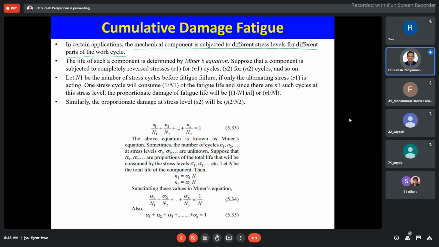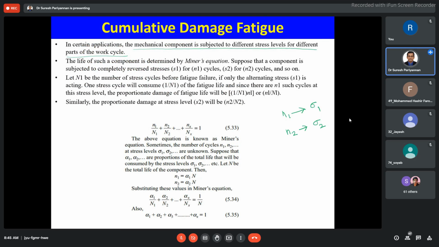For example, in reversed stress cycles, the component for small n1 cycles may be subjected to sigma 1 stress. The component may be subjected to n2 cycles of sigma 2 stress.